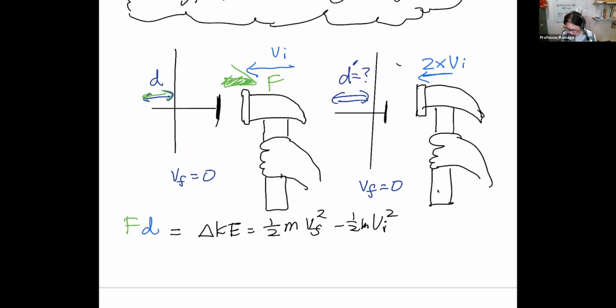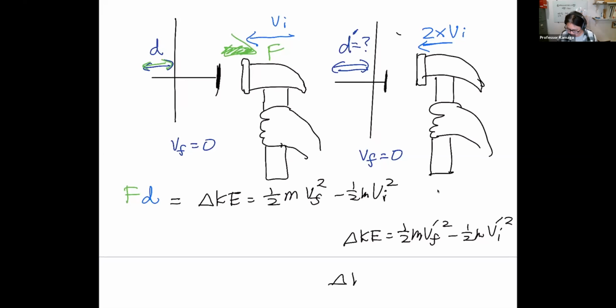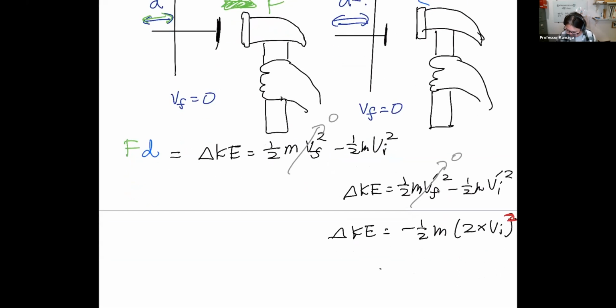So the change in kinetic energy is 0 minus 1/2 m times (2 Vi) squared.